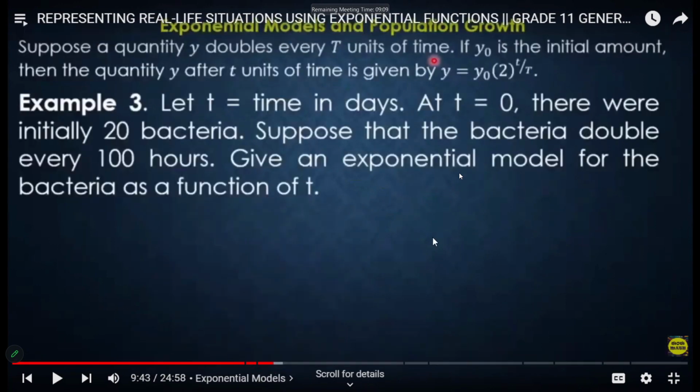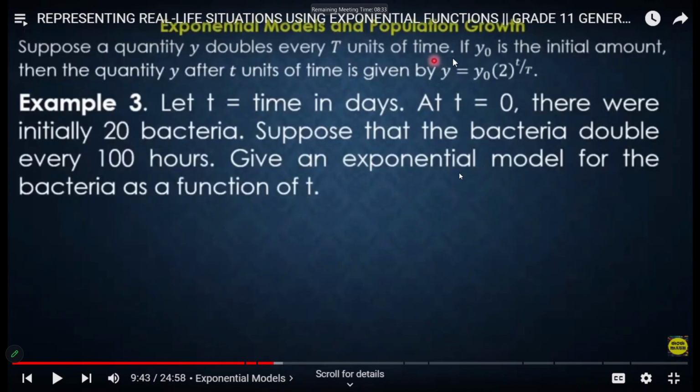So this is a real-life example of an exponential function. Suppose a quantity, population y, doubles every t units of time. If the y sub 0 is the initial amount, then the quantity y after 2 units of time is given by this.